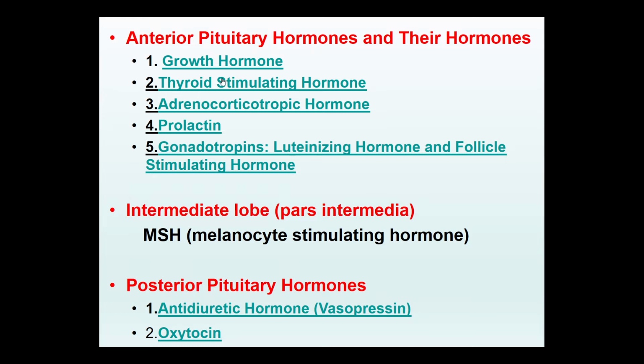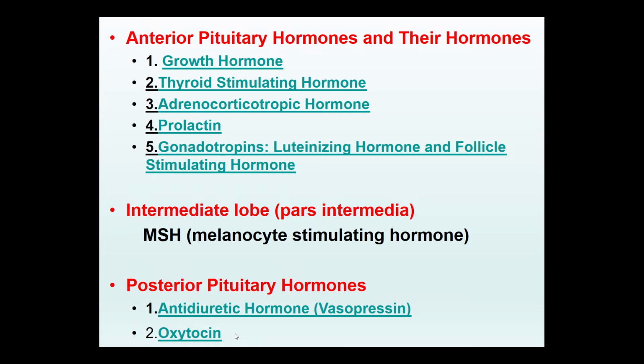You see here growth hormone, TSH, thyroid stimulating hormone, ACTH, adrenocorticotropic hormone, prolactin, and gonadotropins. In the intermediate lobe, melanocyte stimulating hormone is produced, and in the posterior pituitary, antidiuretic hormone, vasopressin, and oxytocin.